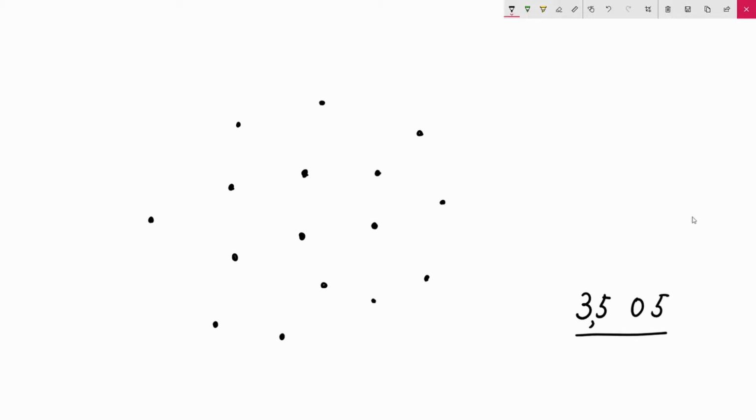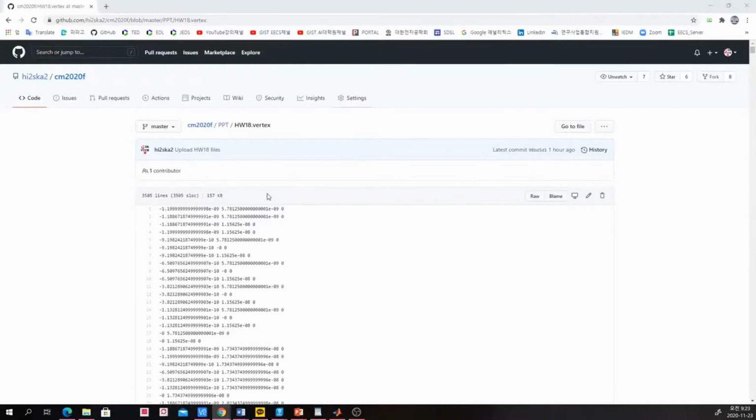That is the current situation with only the vertex file. If you have understood everything, then why don't you go to the element file. Let me show you our element file.